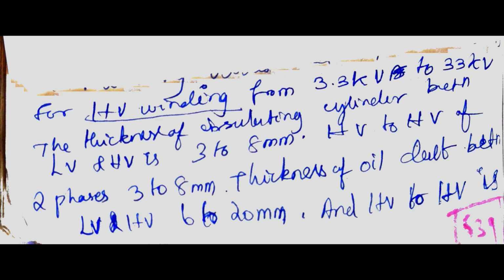For HV winding from 3.3 kV to 33 kV, the thickness of the insulating cylinder between LV and HV is 3 to 8 mm, and HV to HV of two phases is 3 to 8 mm. The thickness of the oil duct between LV and HV is 6 to 20 mm, and HV to HV is 8 to 25 mm.